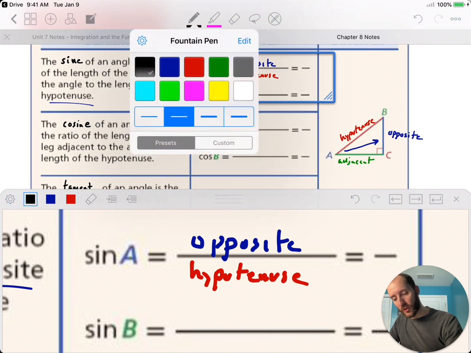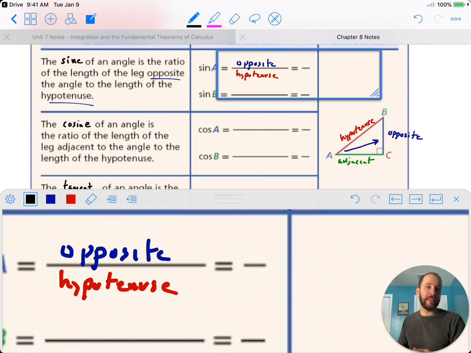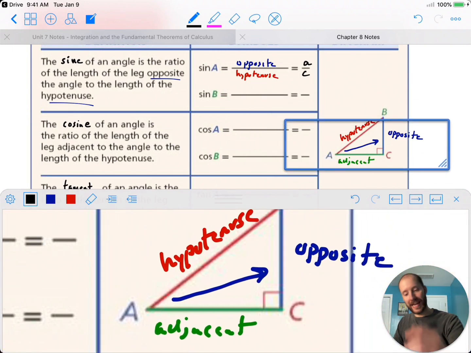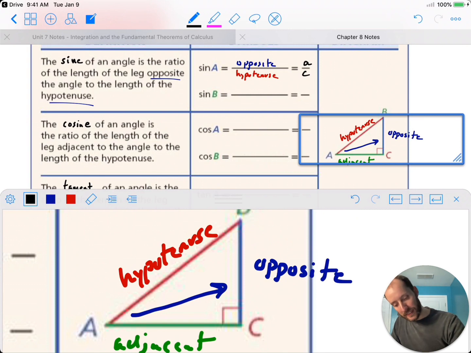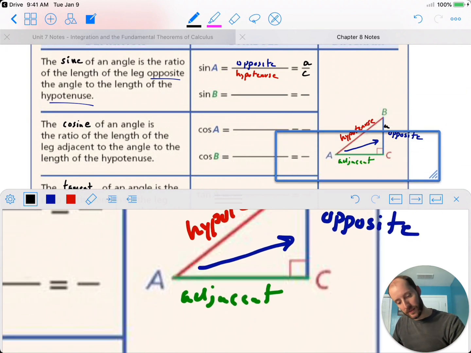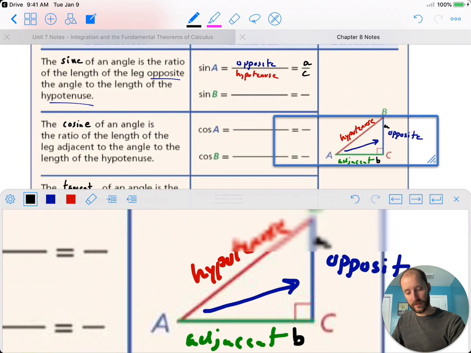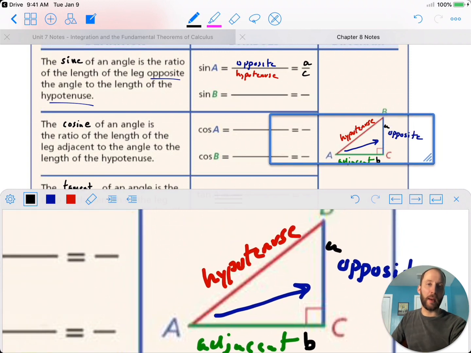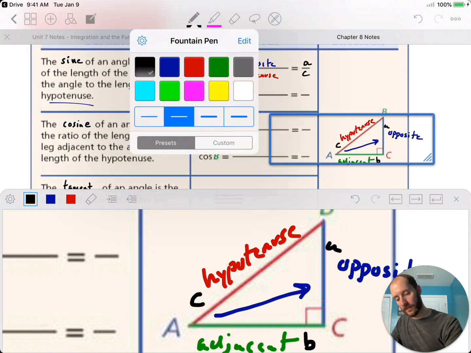And so when you go to fill in the lengths of those sides, you have little a over little c. Because in a triangle, for big A, the side opposite is little a. For angle B, the side opposite angle B is little b. And the side opposite angle C, little c.